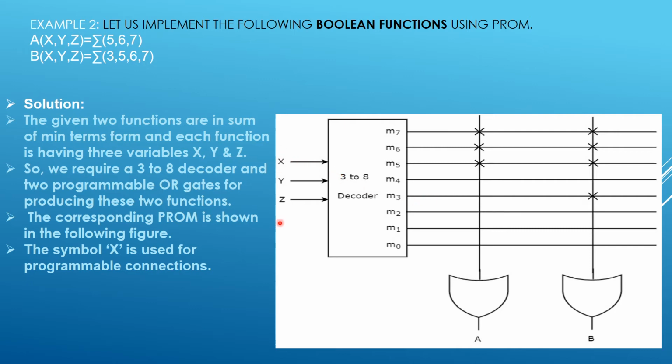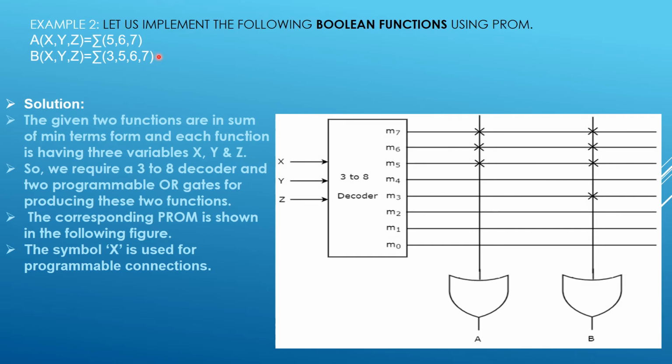So 3 input variables. Of course we are going to use a decoder to construct the AND array. So 2 to the power of 3, 8 AND gates are used here which produce M0 to M7 as the product terms, and these output lines are given to programmable OR lines.